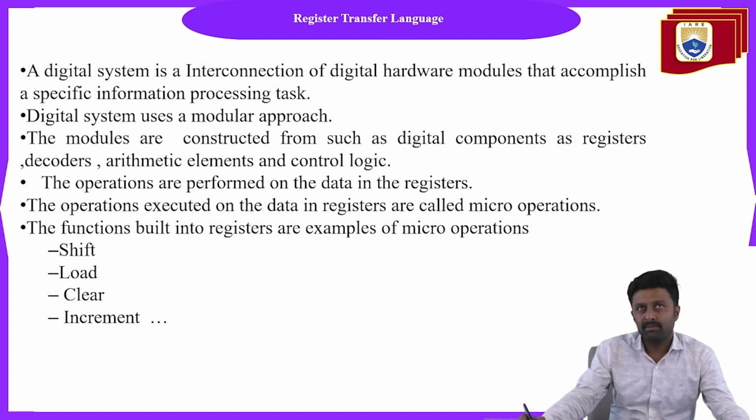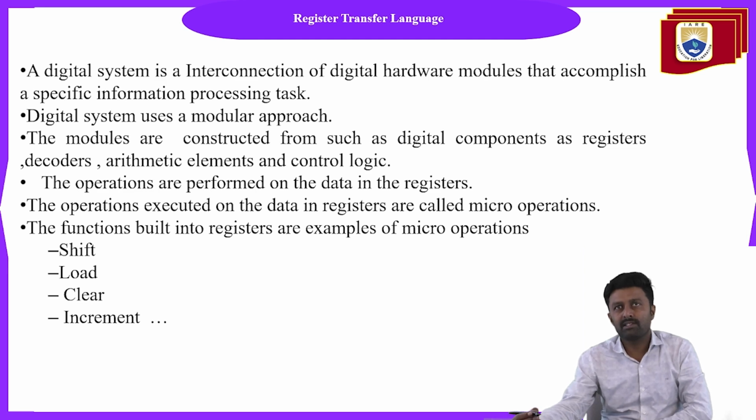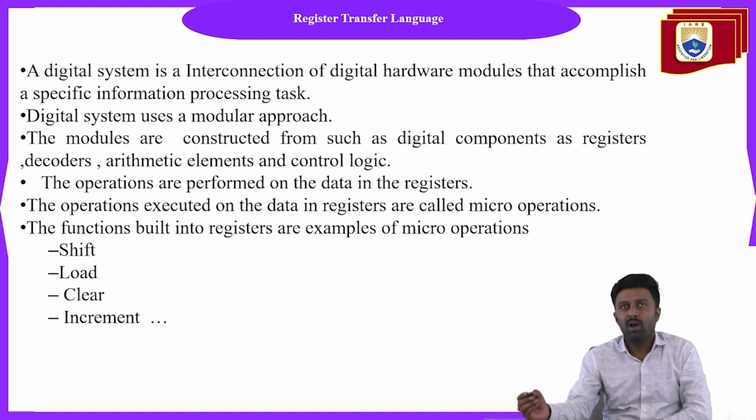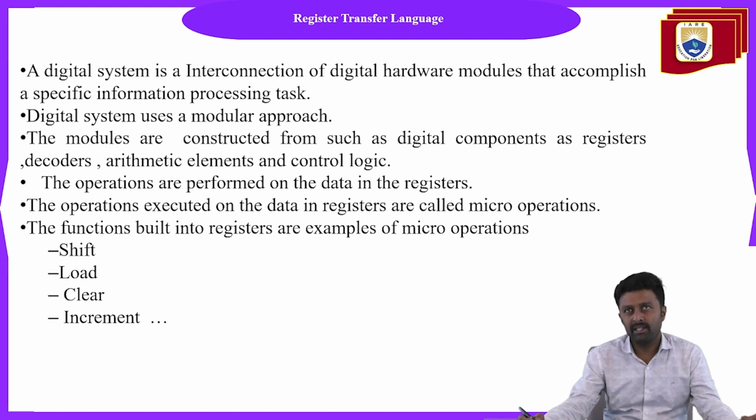A digital system is an interconnection of digital hardware modules that accomplish a specific information processing task. These modules are constructed from such digital components as registers, decoders, and arithmetic elements. The registers are an important part, apart from the control logic, decoders, and arithmetic elements.